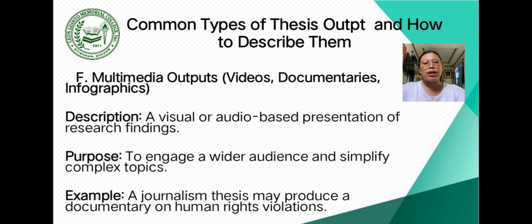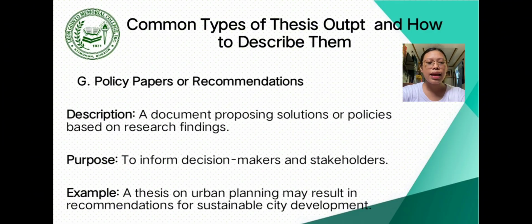Next is the multimedia output, which is the video, documentary, and infographics. This is a visual or audio-based presentation of research findings, and the purpose is to engage a wider audience and simplify complex topics. For example, a journalism thesis may produce a documentary on human rights violations. Next is the policy or the recommendations.